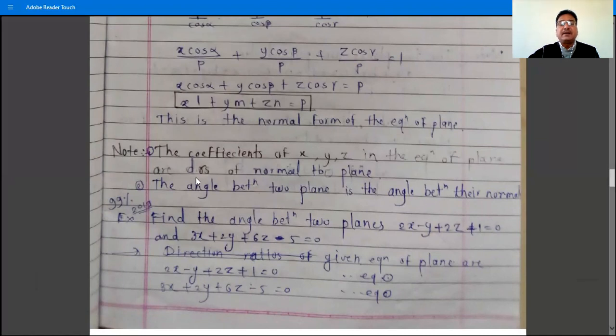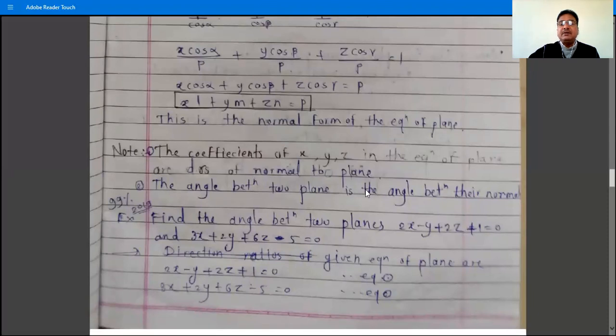Otherwise, they are direction ratios. So in general, we say that the coefficients of x, y, z in the equation of plane are direction ratios of the normal to that plane. This remark is very important.